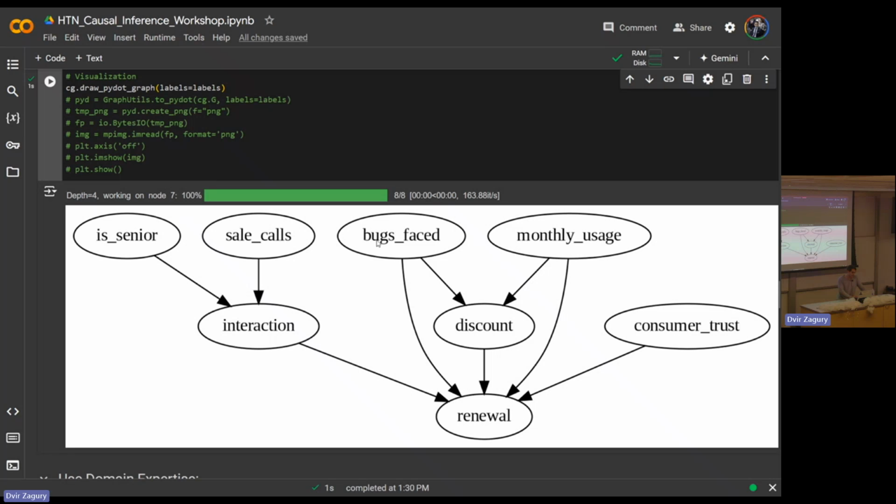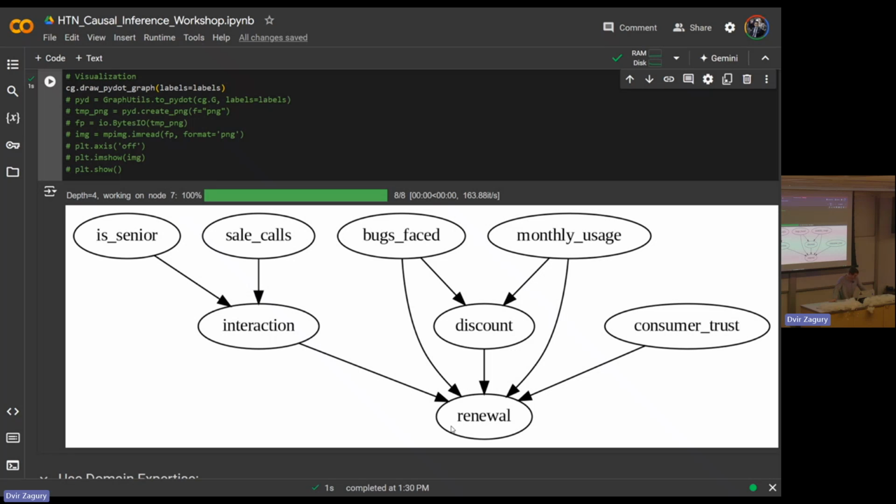And so we can see the other parts of the DAG. The amount of bugs faced affects the discounts, it seems, and then the amount of monthly usage also affects the discounts. The consumer trust is not caused by anything else here, but affects the renewal rates, and the discount that we're going to intervene on affects renewal.